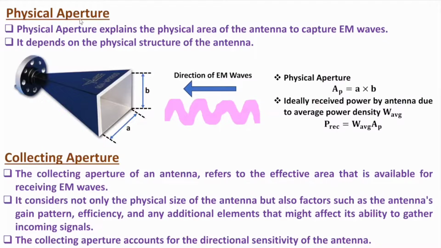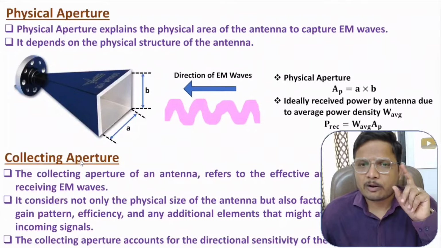Physical aperture explains physical dimensions only, while collecting aperture explains the directional sensitivity of the antenna, meaning from which direction how much signal can be received by this antenna, right?